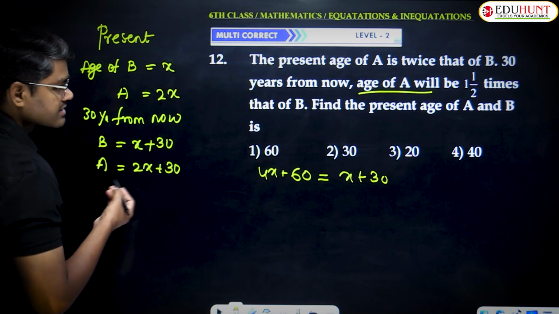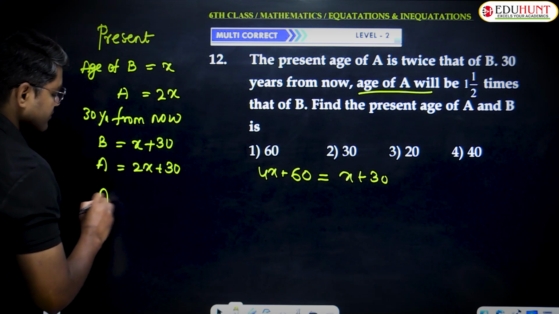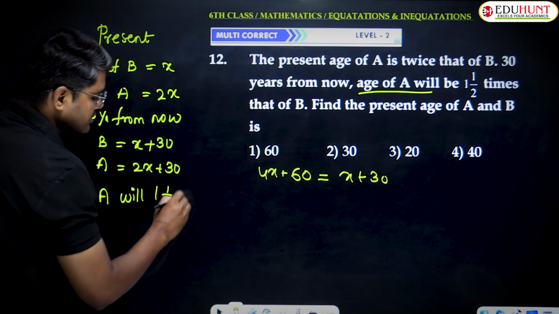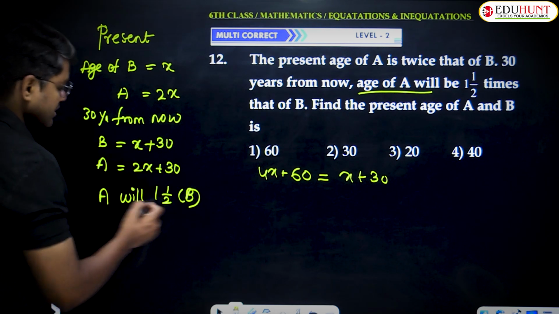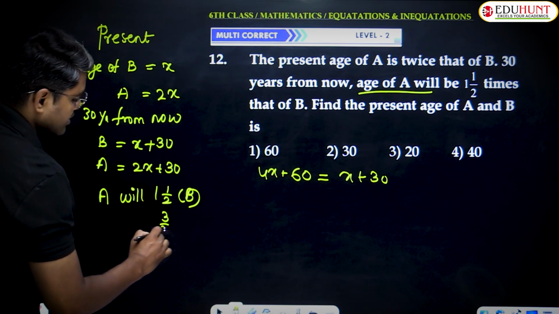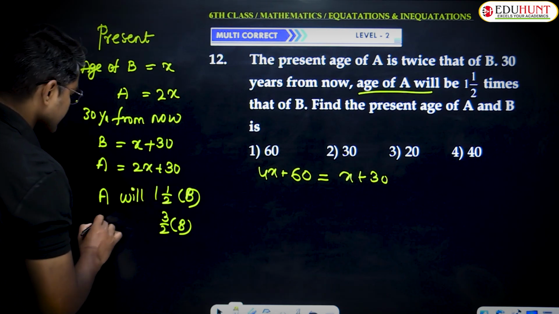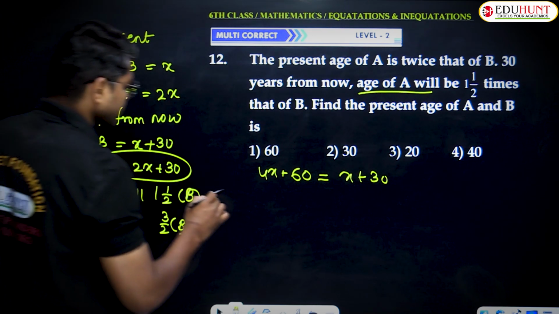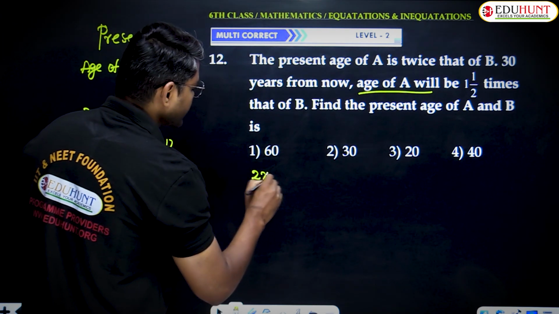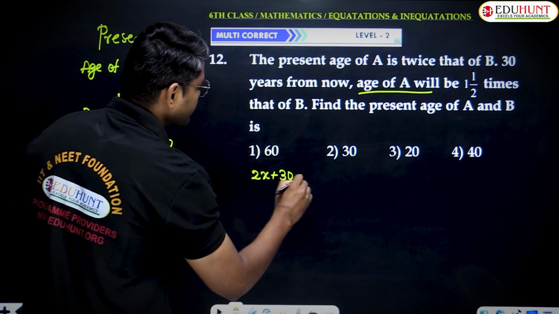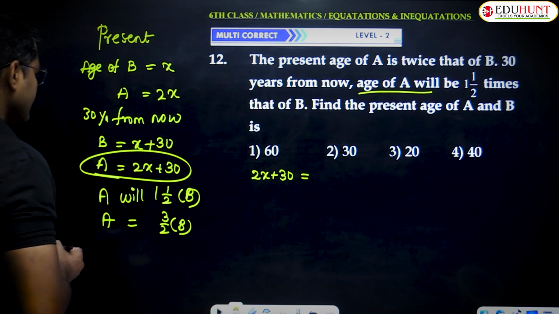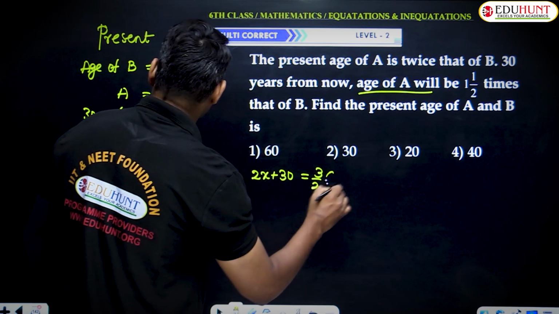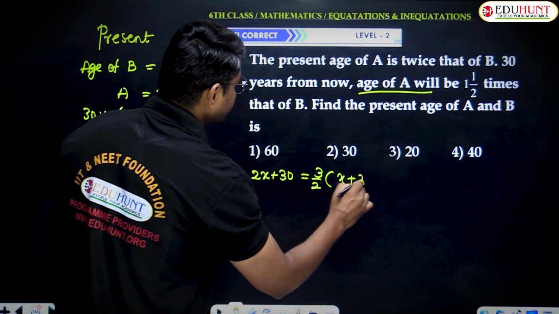Here the condition is A age will be 1 by 2 times of B age, that is 3 by 2 times of B. A's age is 2x plus 30, equal to 3 by 2 times of x plus 30.